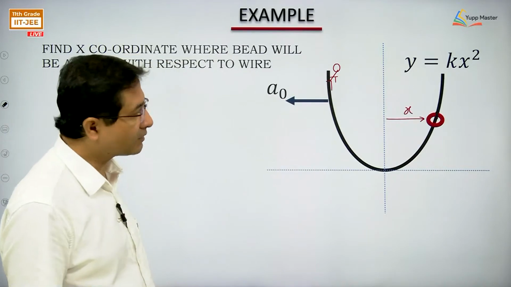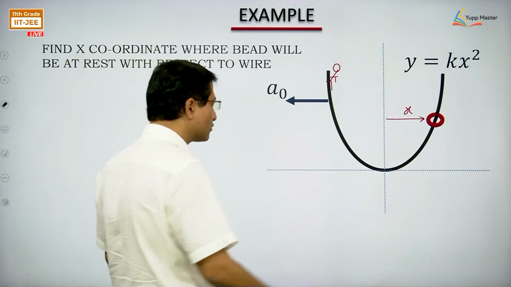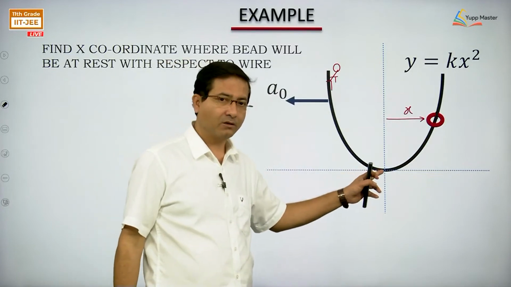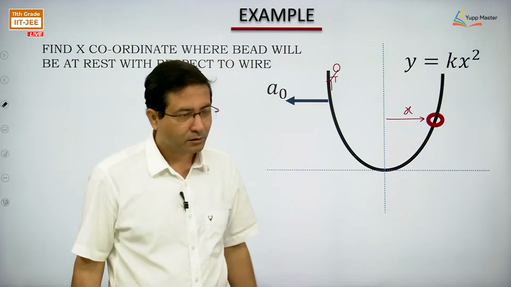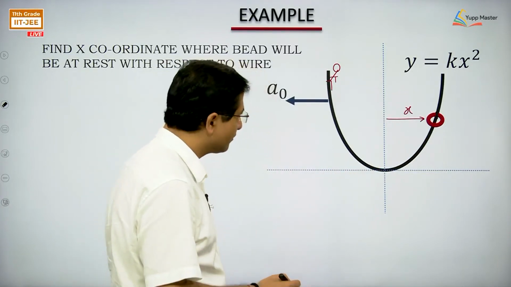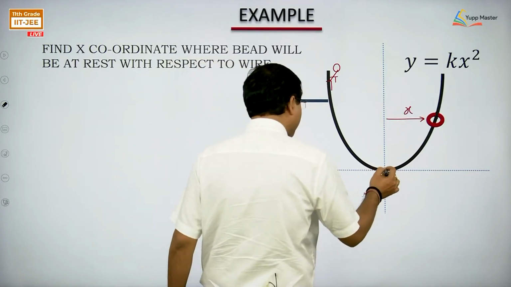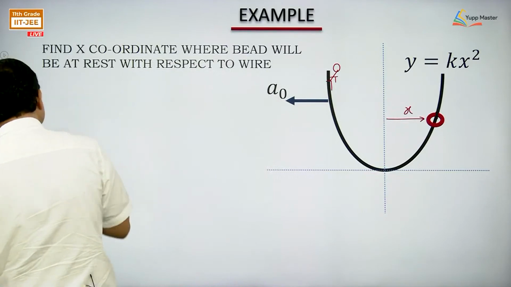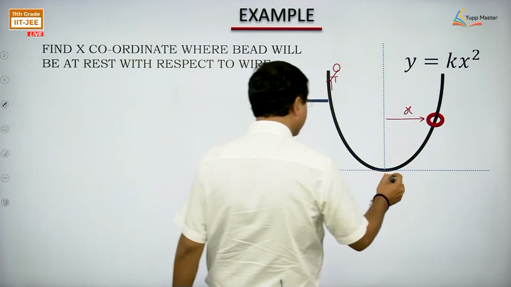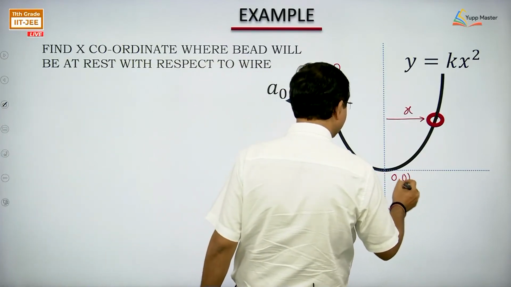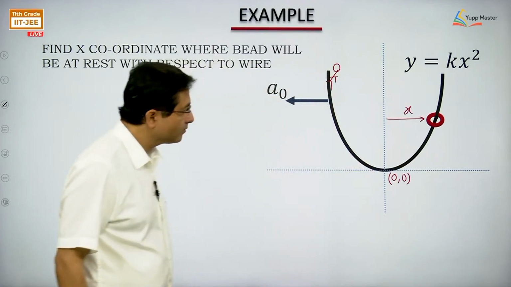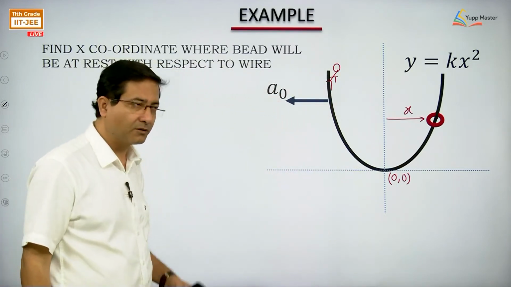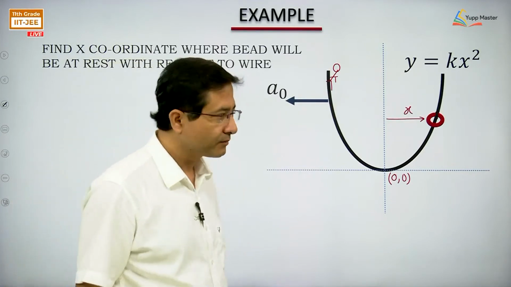And I want to find out the x coordinate. I can also ask what should be the height of the bead from this point, the origin (0, 0). So this bottommost point I am taking as the origin, and from the origin at what x distance it will be at equilibrium, right?